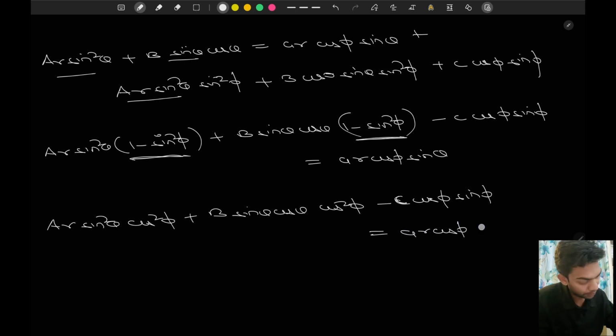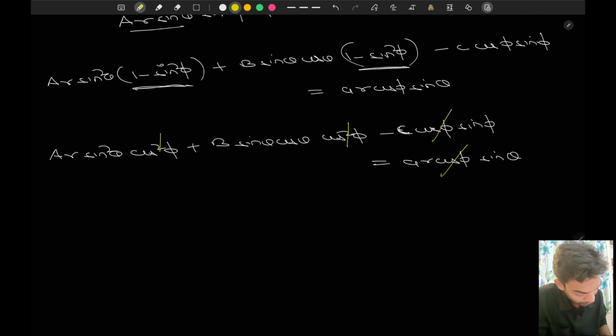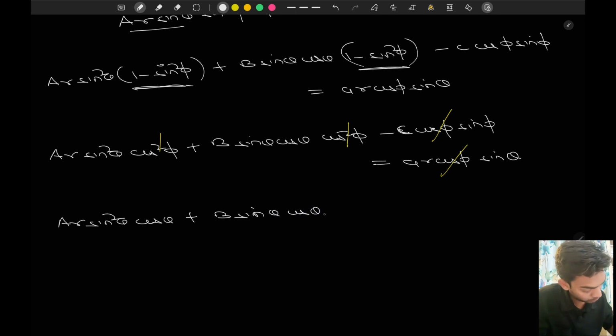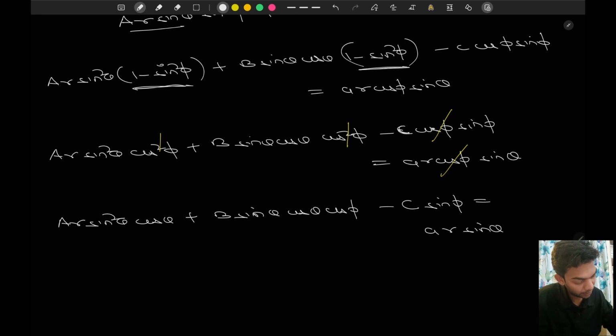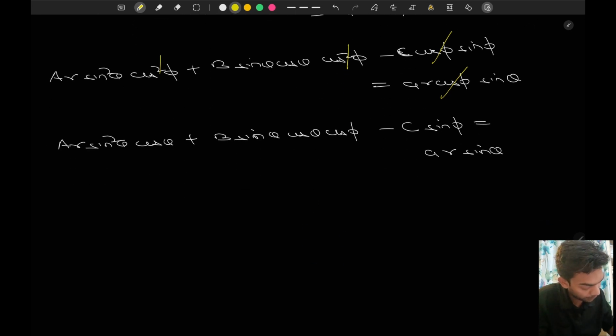And you can see that you can cancel one cos phi from both sides, and then you are left with AR sin square theta cos phi plus B sin theta cos theta cos phi minus C sin phi is actually equal to AR sin theta. So again, we have expressed our a in terms of capital A, capital B and capital C. So let me write those.